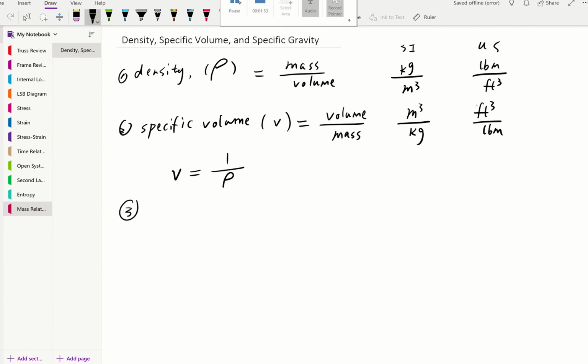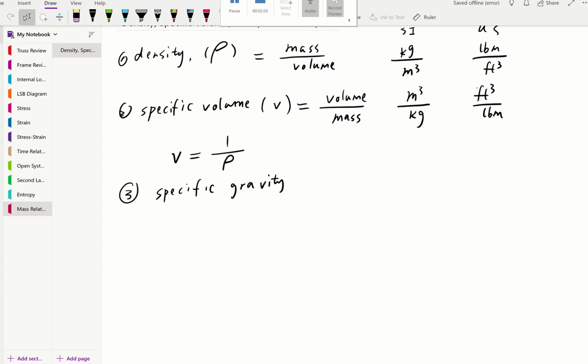The third concept is specific gravity. We don't have a symbol for that, but we can write it as Sg, and that's defined as the density of that material over the density of water.